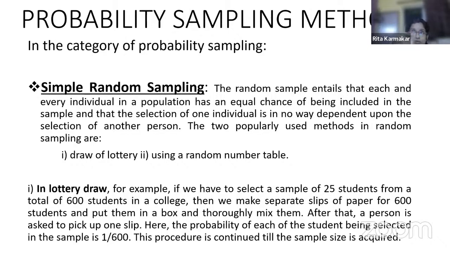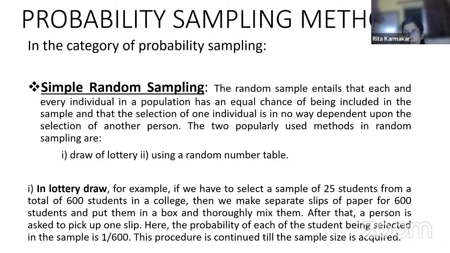I'm writing 6 of your names, A, B, C, D, E, F, and then folding the paper. This is known as the lottery draw, folding the slips. In the same manner, there shouldn't be any mark like Anjali, there should be a mark of A, not something that helps me select Anjali only.